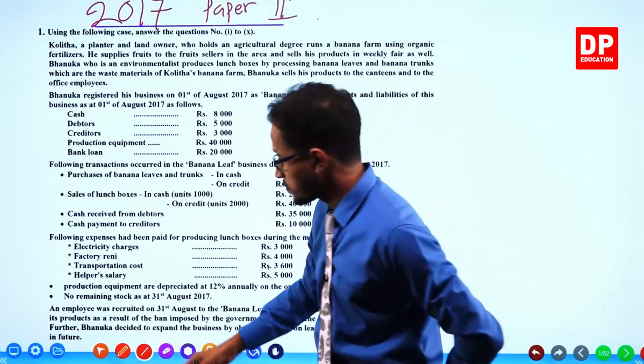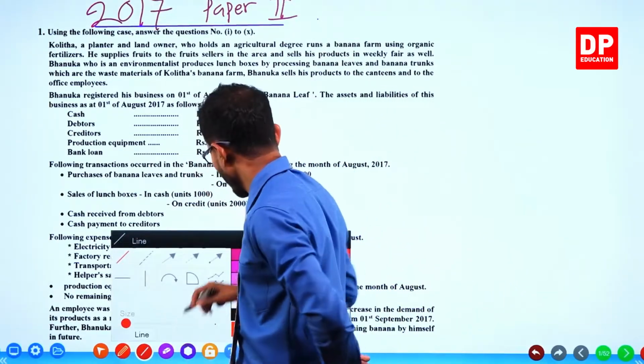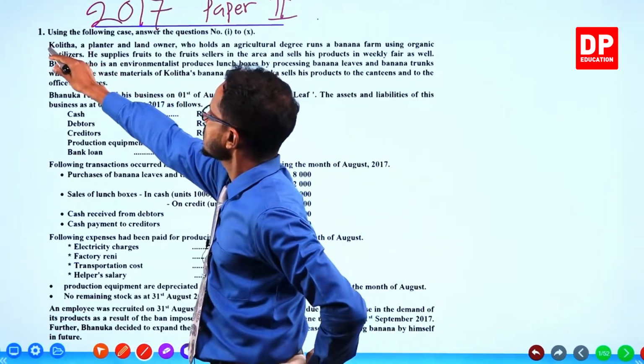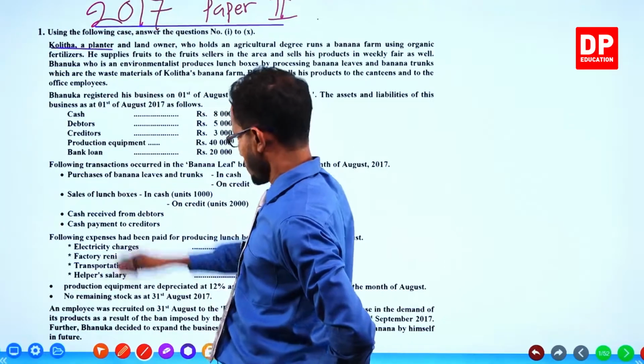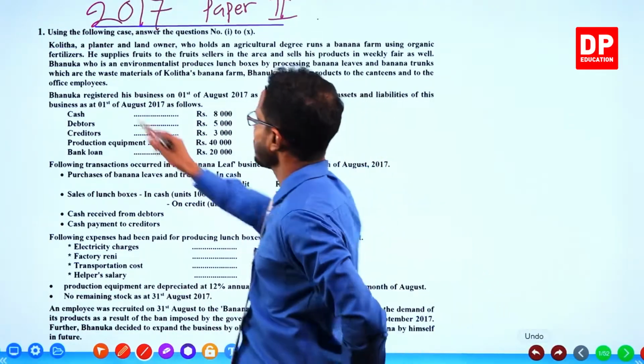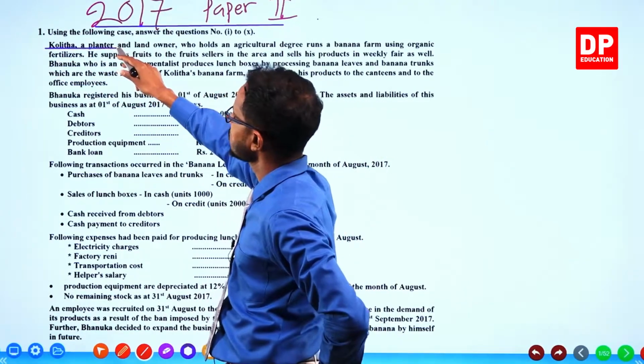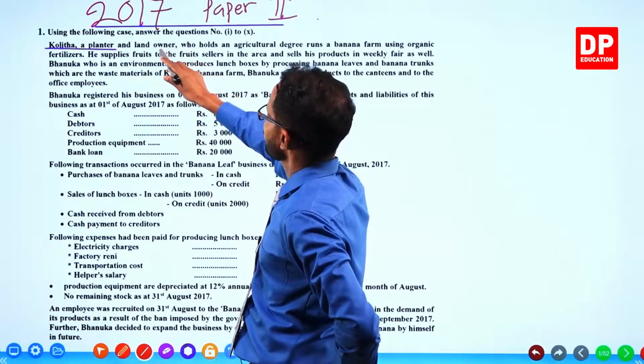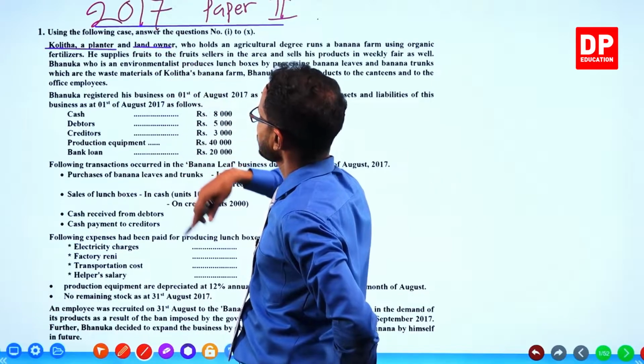Key points. I'm giving you the key points now. Planter, not just a planter, he's an educated man because he has an agricultural degree. He's a planter plus a landowner.